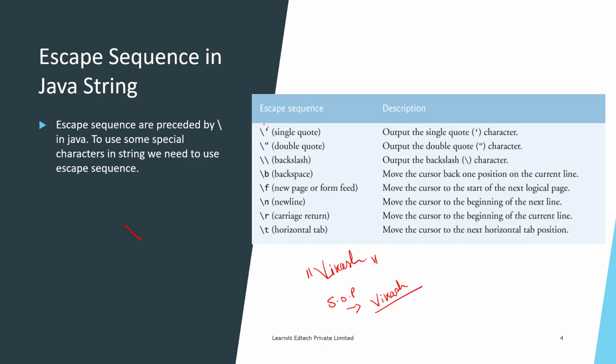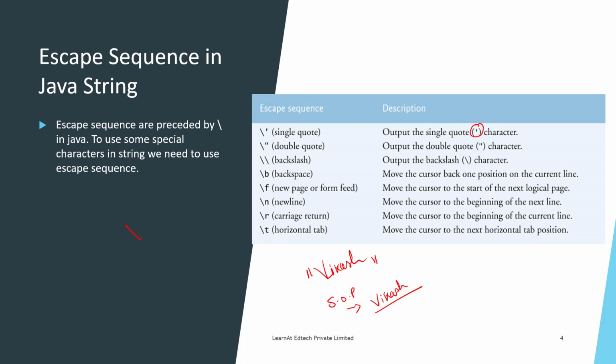If you put a backslash and a single quote, you will get this output. If you do backslash and double quote, you will get this output. Same as if you do a double backslash, you will get a single backslash in the output.